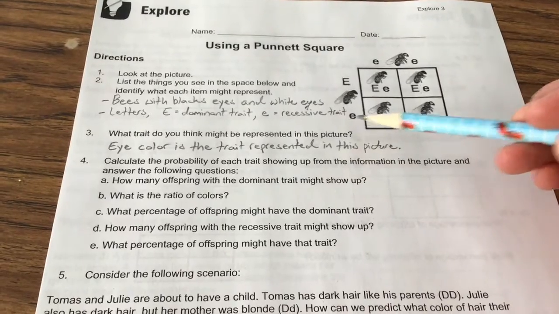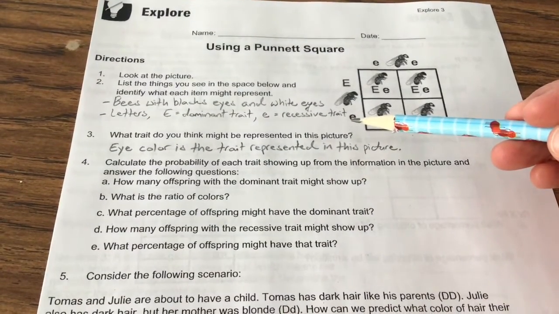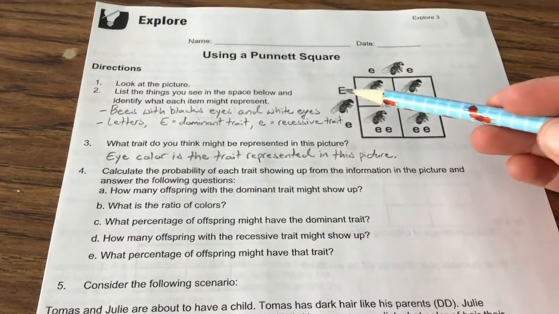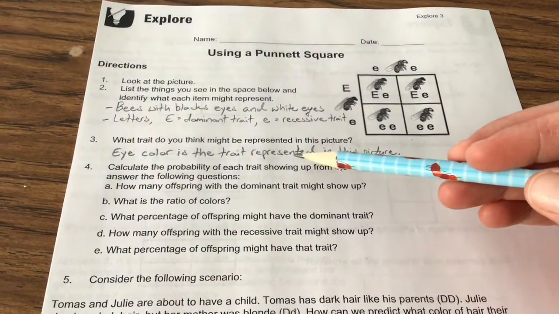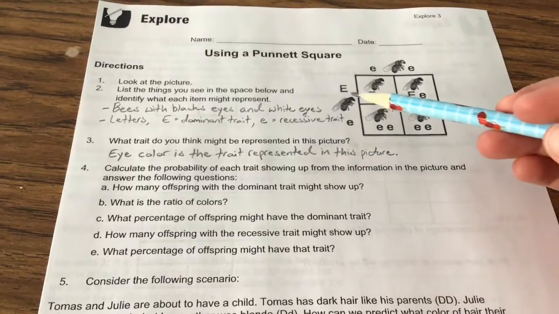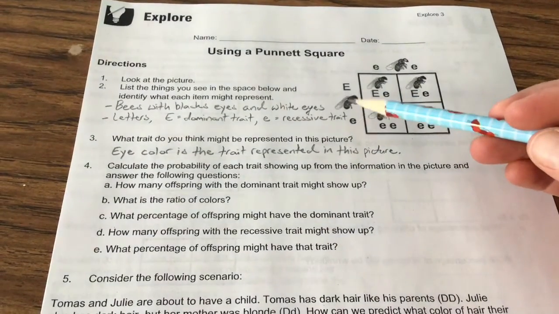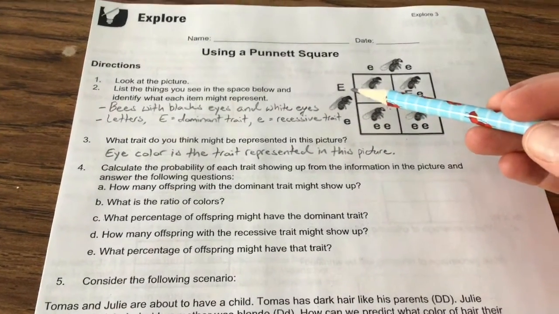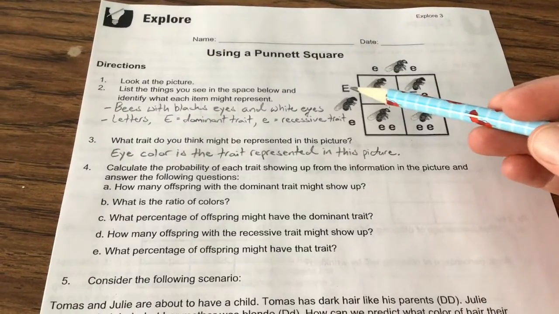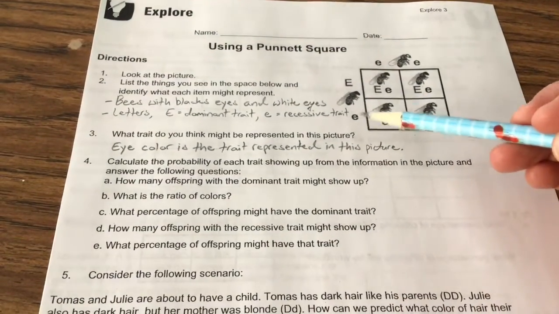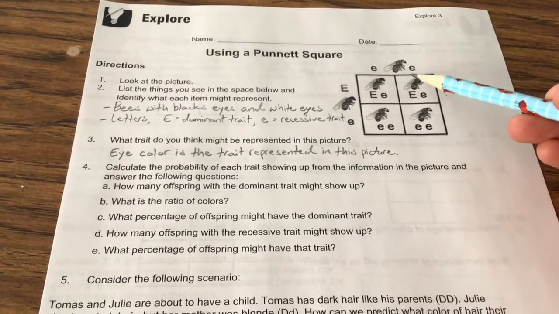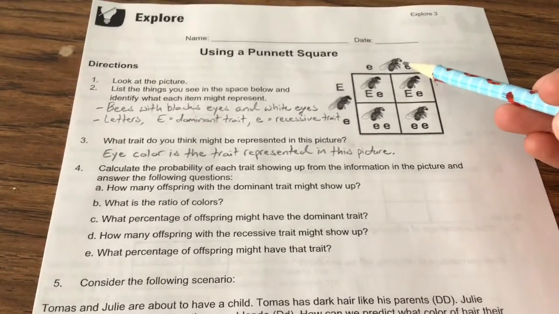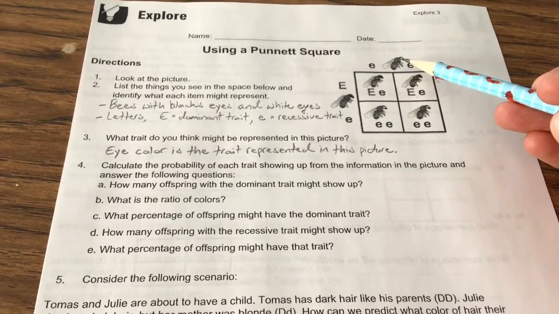That's a term that we talked about on Wednesday and Thursday in class. So the E must be referring to the eye color. And the dominant eye color must be black because the mother has a dominant trait in her genotype. The father has 2 recessive traits, lowercase e's, and he has white eyes.